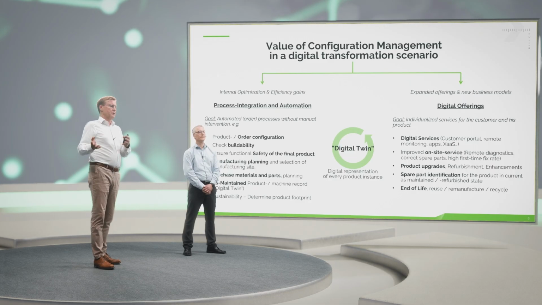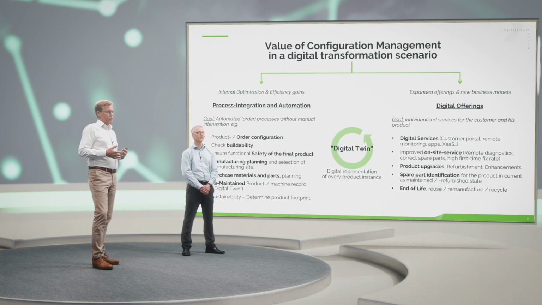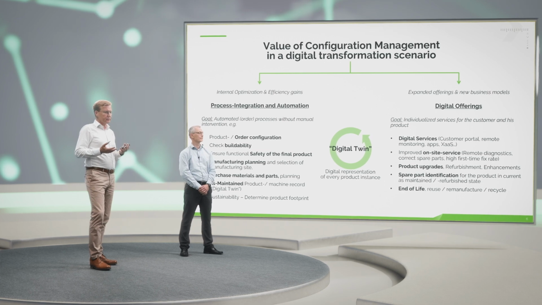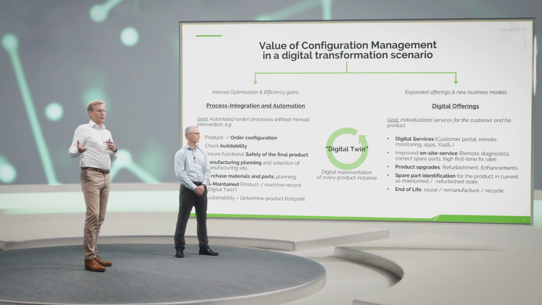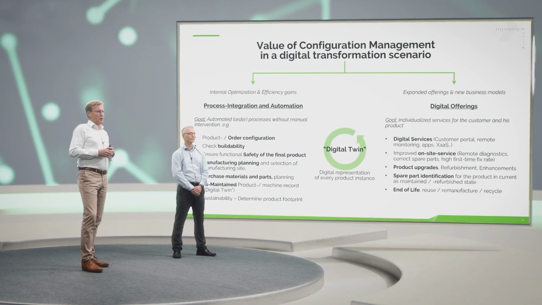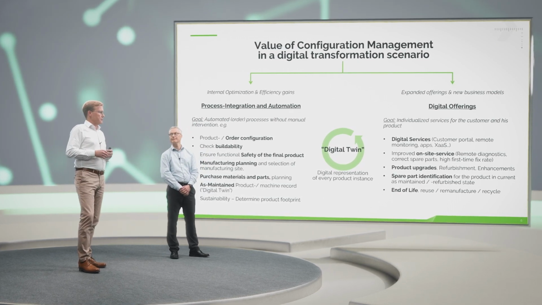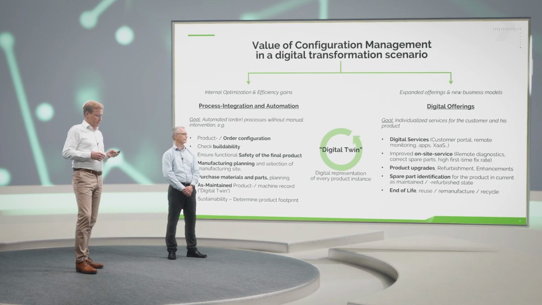And finally, with all the sustainability regulations, you would also need to understand what is coming back to your factory if you embrace a circular business model, where you basically reuse parts from the products in life.